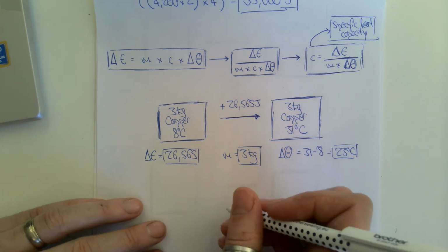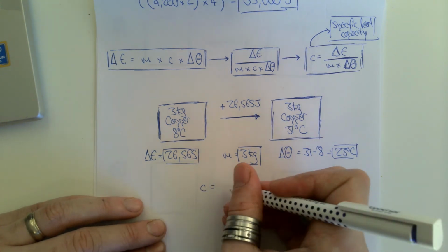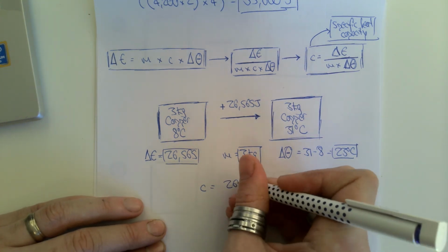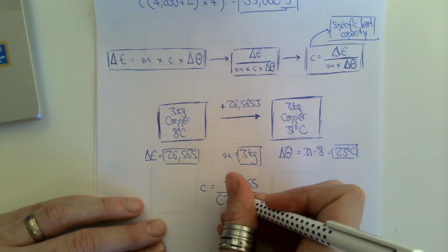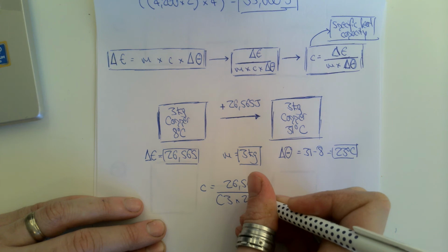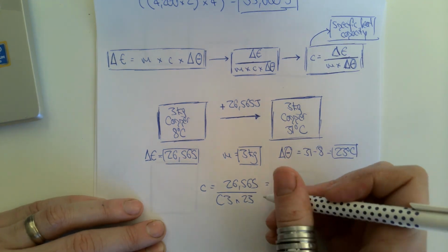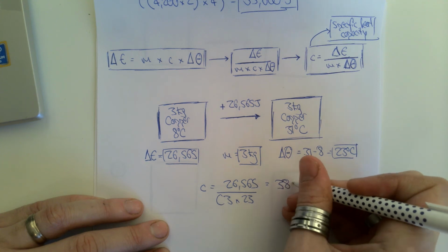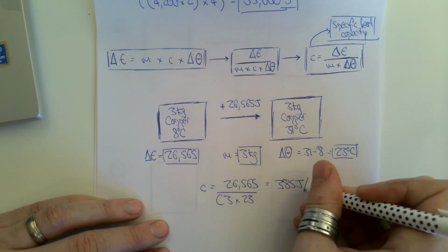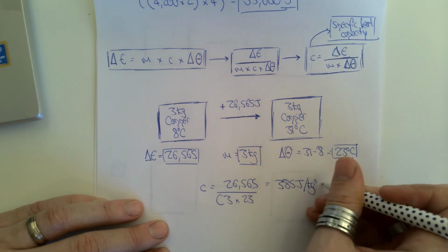So we end up with specific heat capacity equals 26,565 divided by 3 times 23, which gives us an overall specific heat capacity of 385 joules per kilogram degrees Celsius.